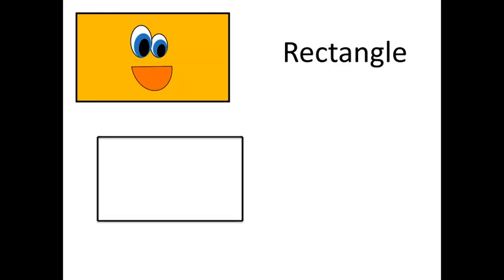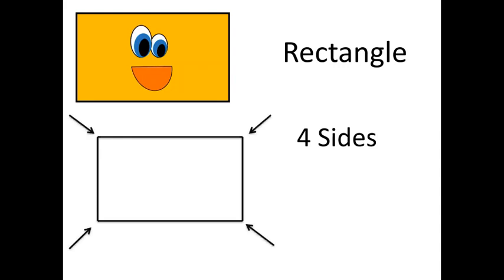So we need 4 lines to draw a rectangle. Now these 4 lines are also called sides. So we need 4 sides to draw rectangle. So rectangle has 4 sides.